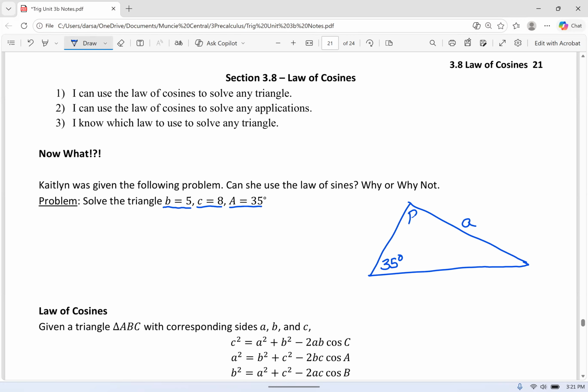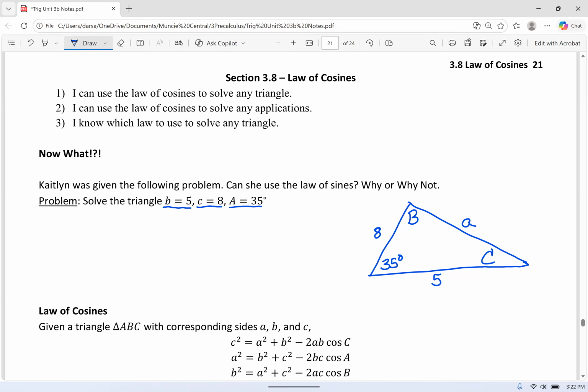Angle B, we would put that one there, but we can put it anywhere, but side b is opposite of it, and angle C is going to be that third angle, and we're going to put side c opposite of that. And she goes, okay, it's not a right triangle, can't use SOHCAHTOA. And then she says, wait a minute, I don't have a pair, and I don't have a way to make a pair, so now what do I do?